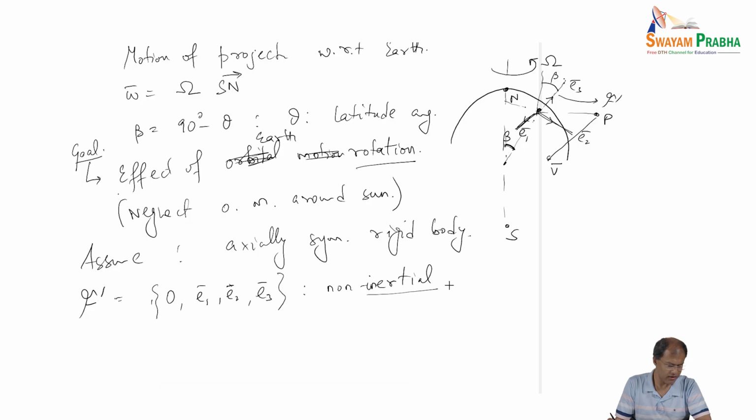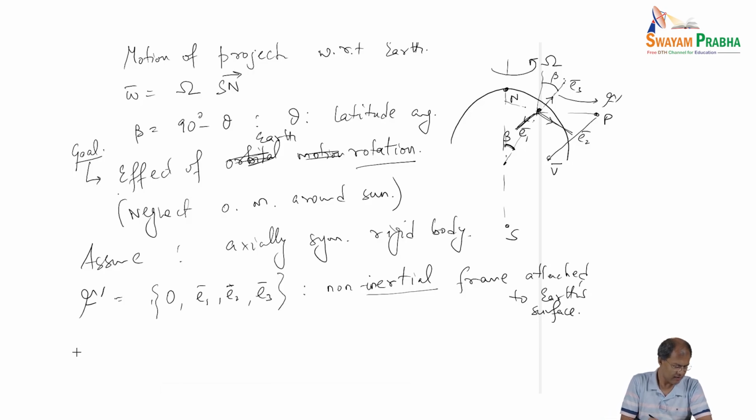So non-inertial frame attached to the Earth's surface. Okay, so then what we have is the acceleration A. So what do we get?